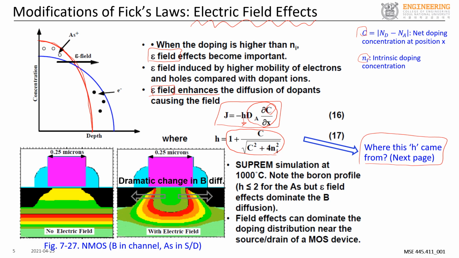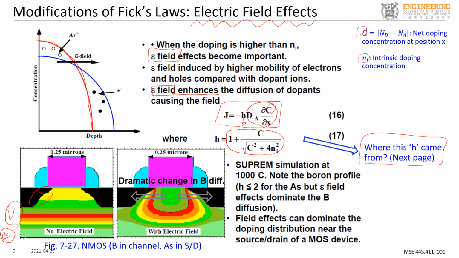But before going there, these are simulation results which show the electric field effect. The color in here is the doping concentration of the boron. If there's no electric field effect, there is still an electric field because you have junctions.